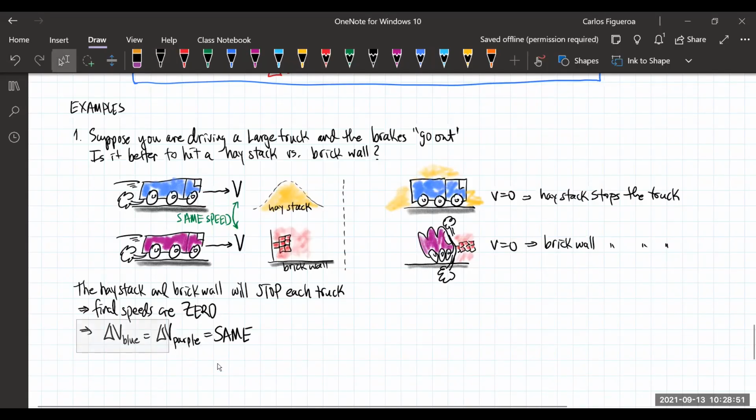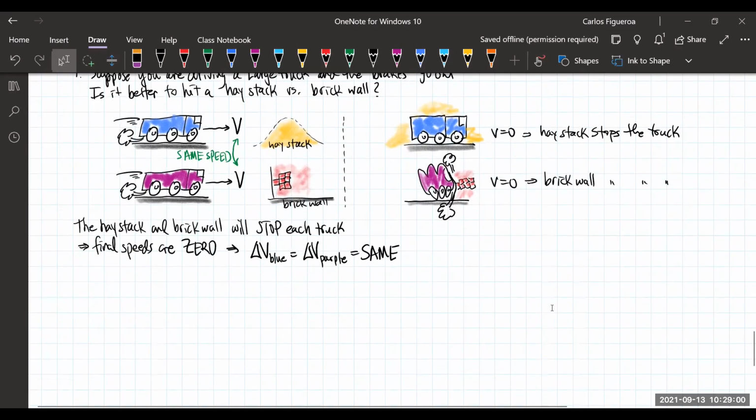So the question is, what does physics have to say about this? I'm going to move this over here to conserve more space. Okay, so what does physics say about this? Let's look at each of these things. If I apply Newton's second law to this, if the blue truck hits the haystack, what happens?